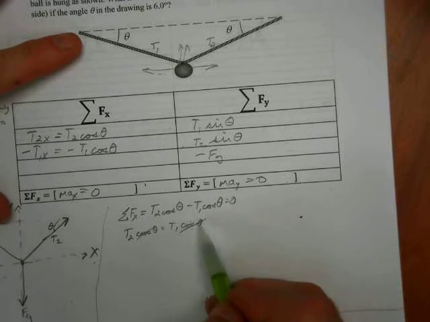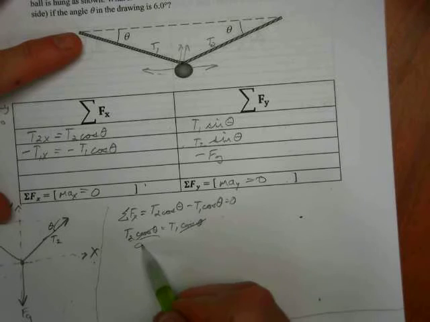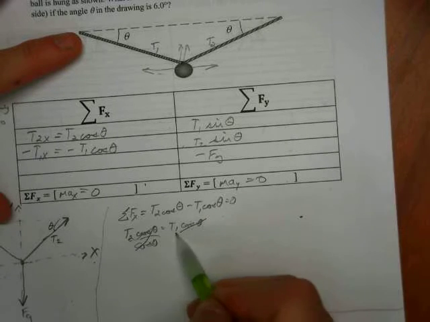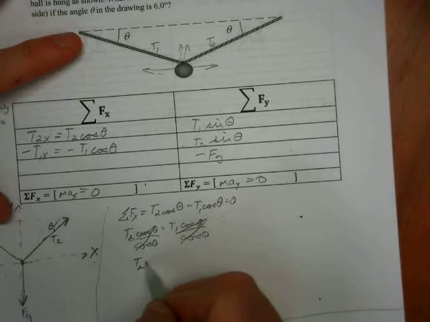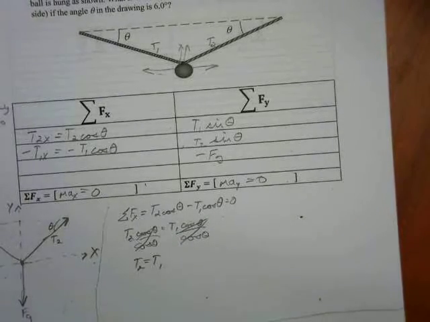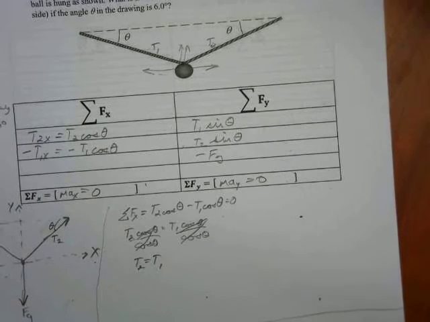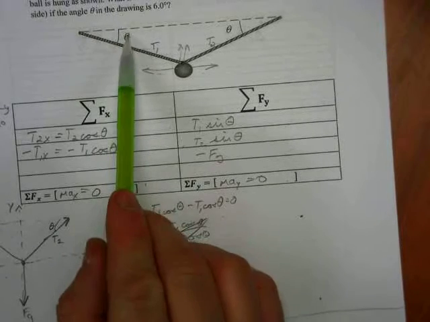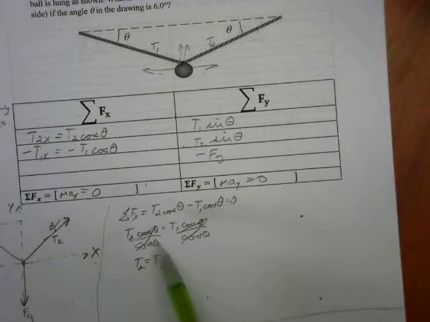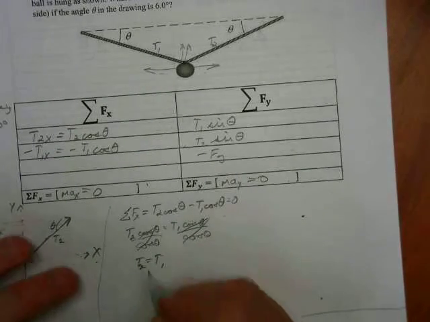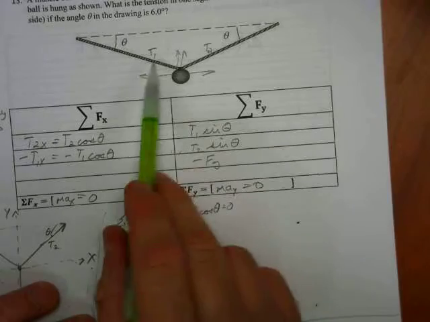Cosine theta is on each side, so if we divide each side by cosine of theta, that cancels out, and so we see T2 equals T1. Okay, that was obvious. You knew that from the beginning, but I wanted to prove that to you explicitly, because what if one of these angles was not theta? What if one angle was a little different? Then you would have to come here and find out what they are. But we've proven that for the same angle here, the two tensions are the same.